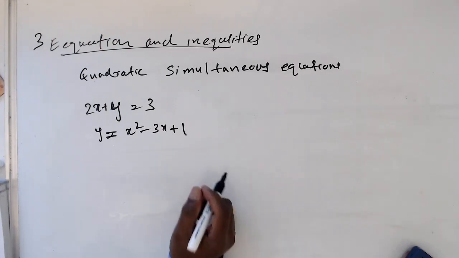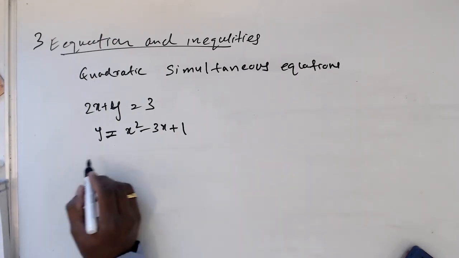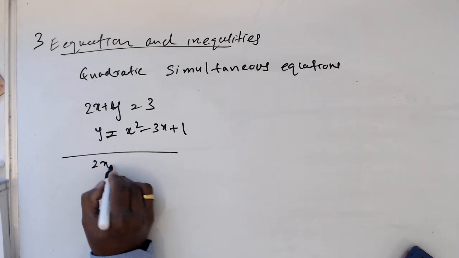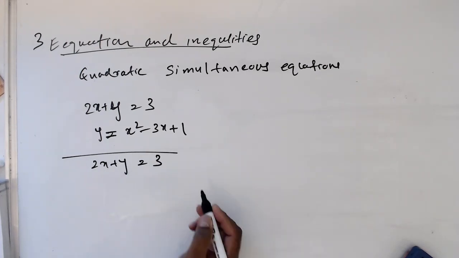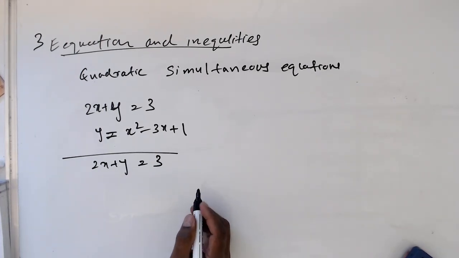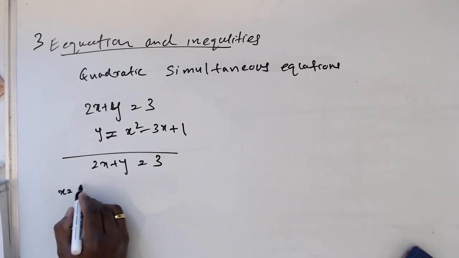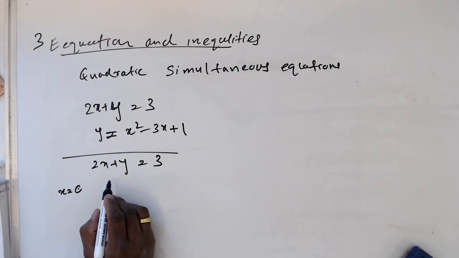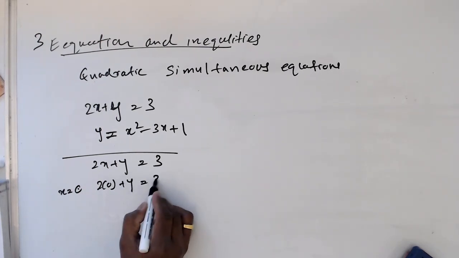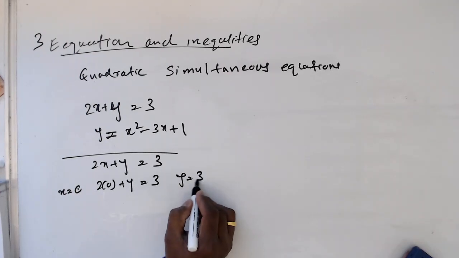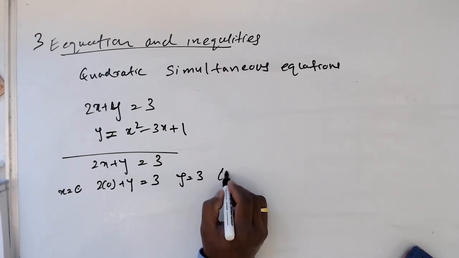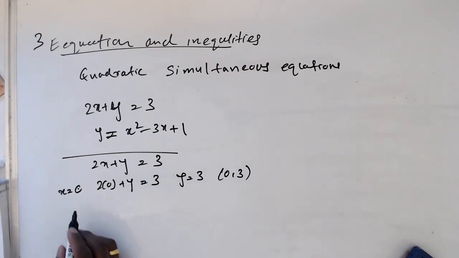So then I need 2 points. 2x plus y equal 3. I will assume x equal 0. Then 2 times 0 plus y equals 3, y equal 3. So one point is 0, 3.